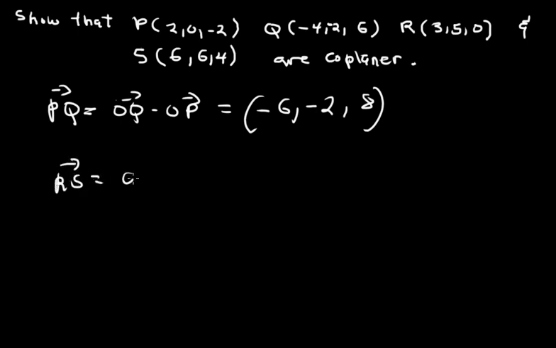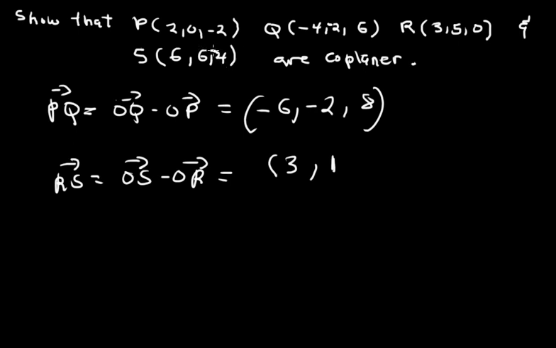Again, let's find RS. The vector RS is equal to OS minus OR. Now OS minus OR gives us 3 comma 3 minus 5, which gives us 1, and also 4 minus, sorry, this should be -4.